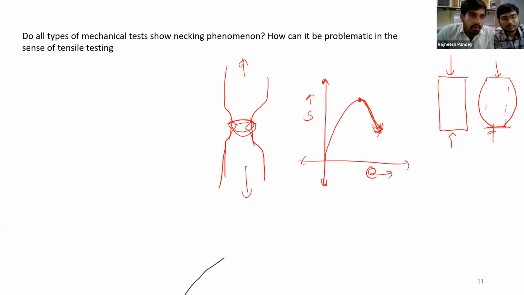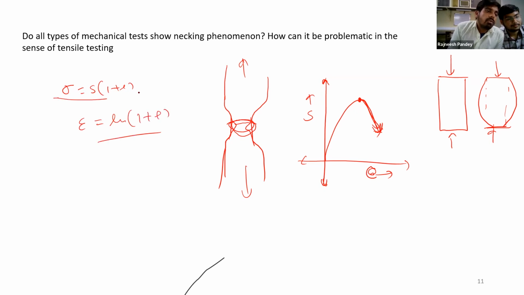Okay, now the second question: how can it be problematic in the sense of tensile testing? Why do we perform other tests apart from the tensile test, like compression test, torsion test, and bending test? The reason is that the relations we have derived till now, for example true stress is S times 1 plus e, and true strain epsilon equals ln of 1 plus e, are all valid only for uniform deformation.